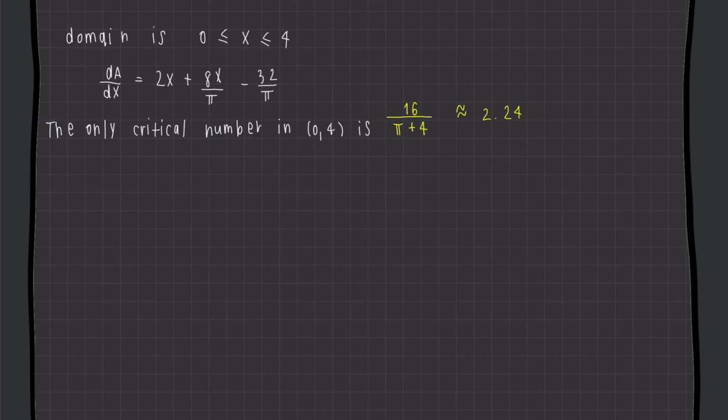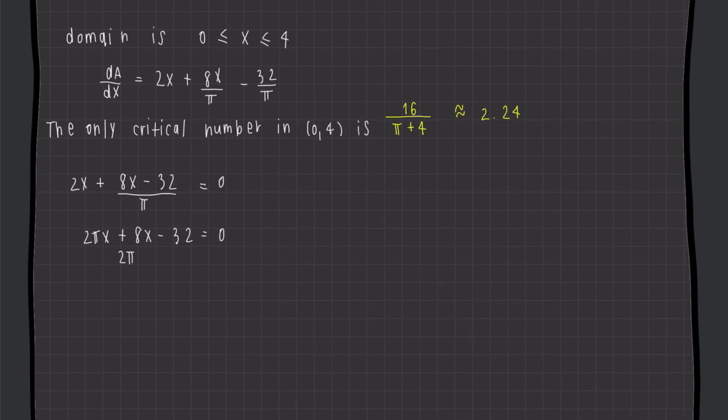By using the formula of finding the critical number, setting the first derivative of the area equal to 0 and multiplying pi to both sides, we will get 2 pi x plus 8x minus 32 equal to 0. Add 32 to both sides, we get 2 pi x plus 8x equal to 32.